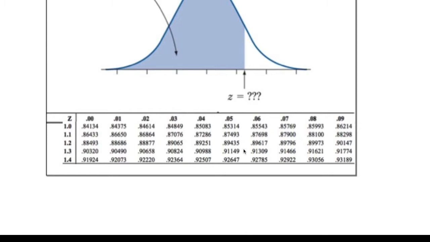Okay, and so what I should do here is if I look, let's see here, looks like right here. You see at this number here, 0.89973, and then 0.90147, we need to figure out which number is closer to the 90th percentile.